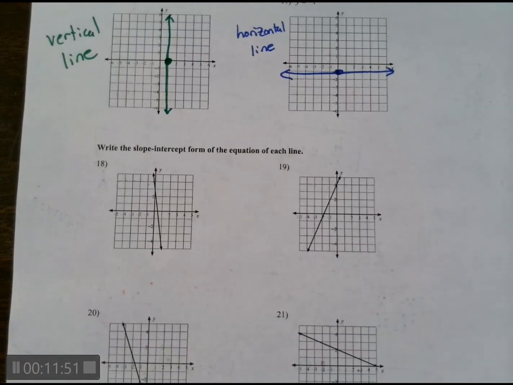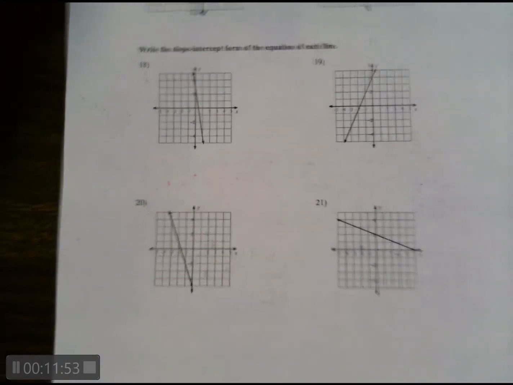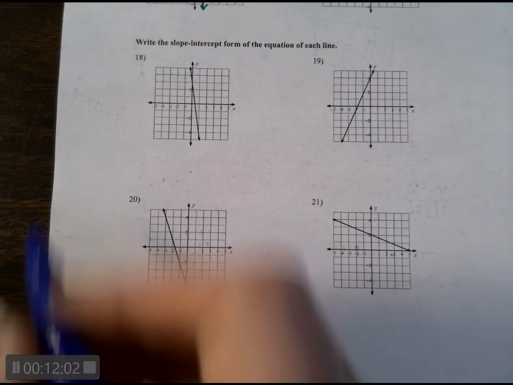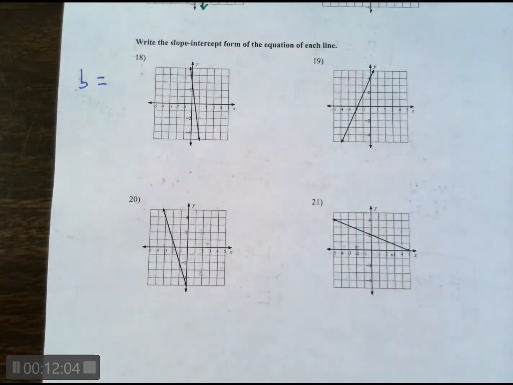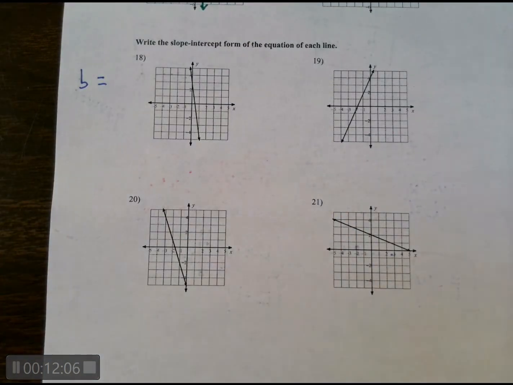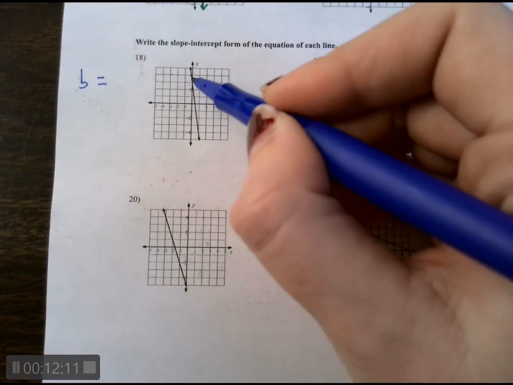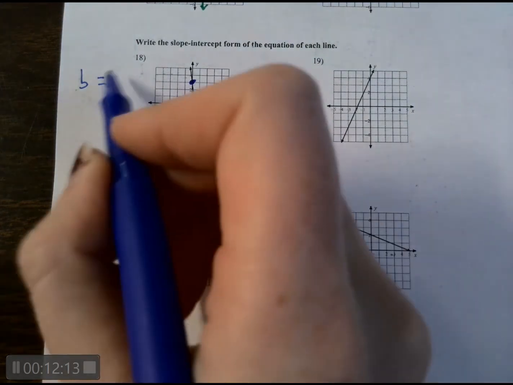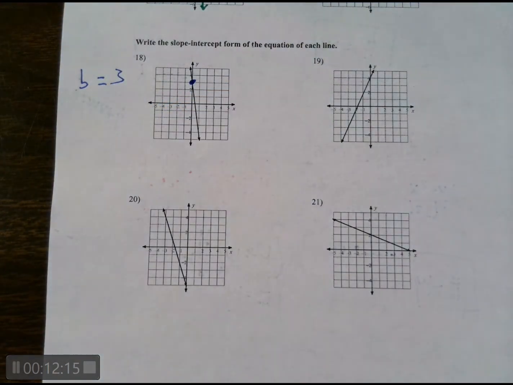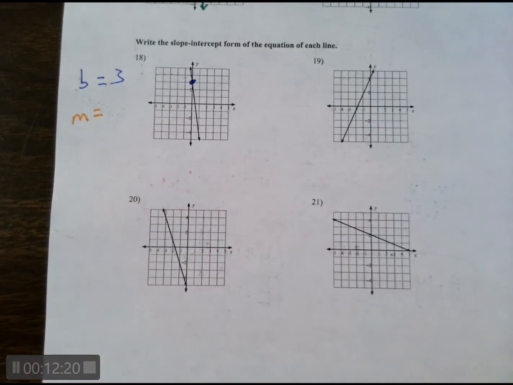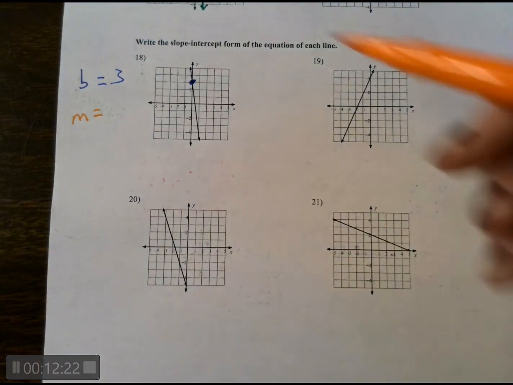Alrighty, so next for 18 through 20, we need to write the equation of our line. So always start at your y-intercept, okay? So I always like to list out your B and your M. So what's my B here for this one? Well, it's right here, which would be 3. Okay? And then what is your slope? What's your M? Well, remember, we have to find another pretty point, okay?